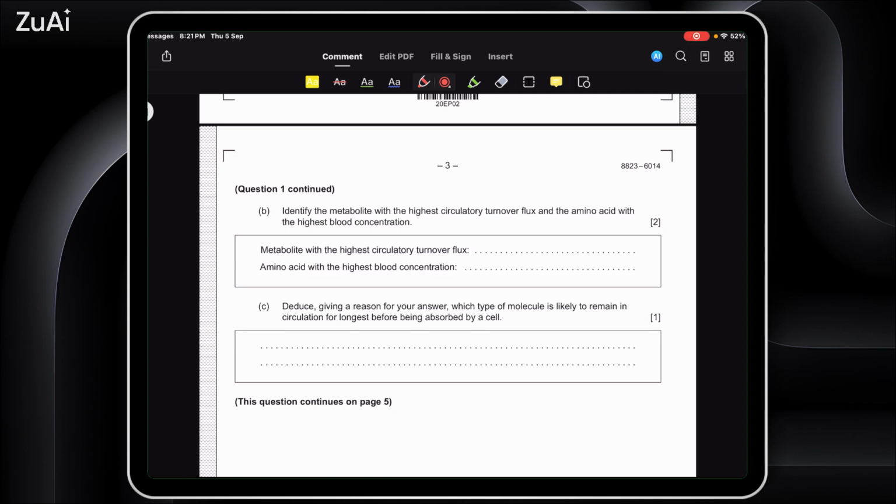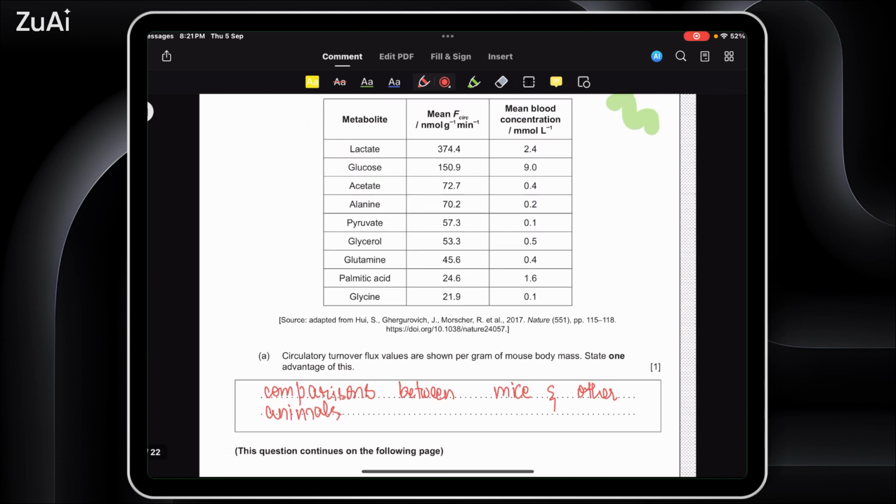Blood circulation. So you can say the highest is 374.4, yeah, that's the answer.